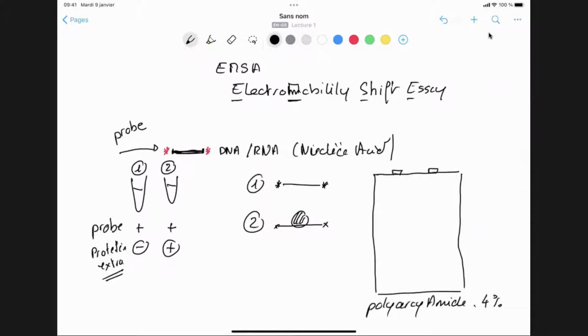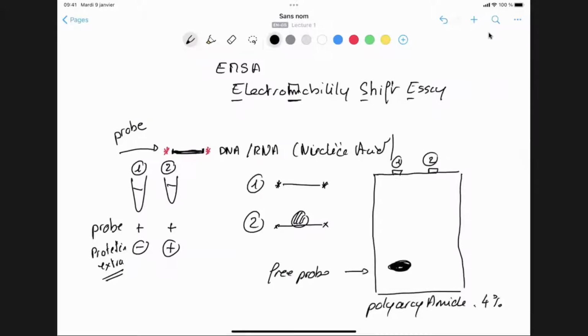You put the electricity. If we put sample number 1 and sample number 2 in those two lanes, so first tube, you only have the probe which is double. The DNA fragment will migrate, and because it's radioactive, if you do an autoradiography, you will see a big dark spot, and this is the size of what we call the free probe.